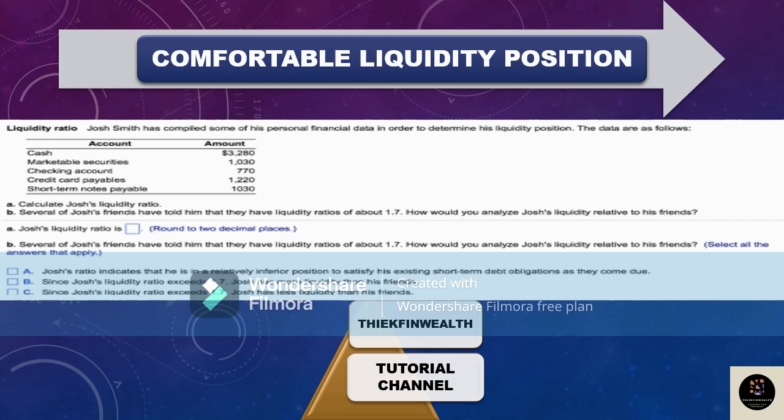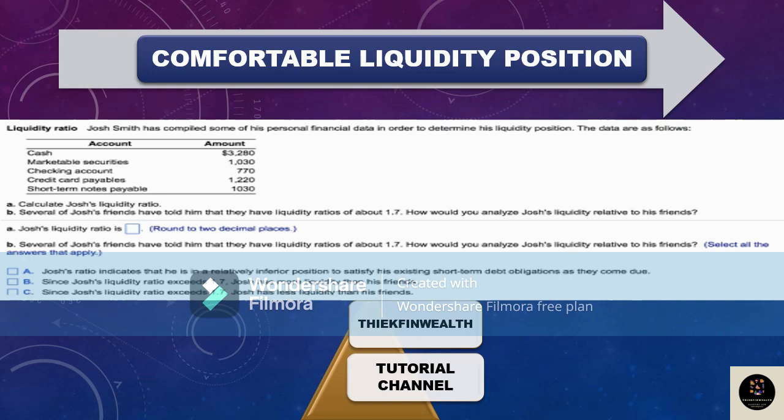After watching this video, you will know the basic idea of what liquidity and the liquidity ratio mean, and about equity, liabilities, short-term liabilities, short-term assets, long-term fundings, and moreover, a comfortable liquidity position.